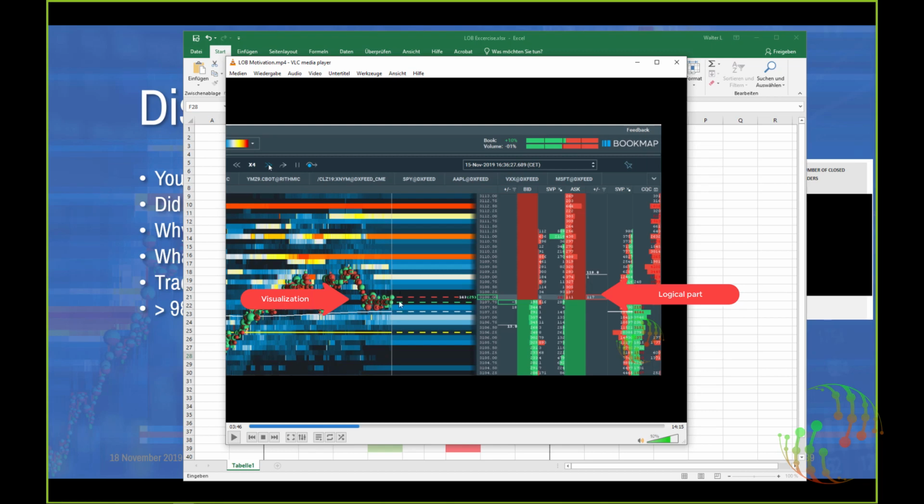You are concentrating on the bubbles, but you really don't see what is happening on the numeric side of the limit order book. So I would like to again stress and motivate you: let's start this week at least with this setup here.